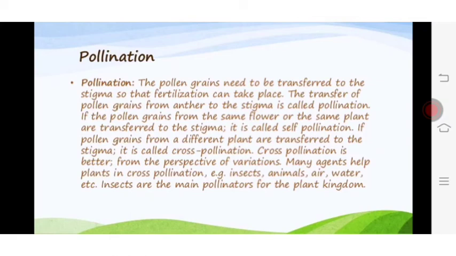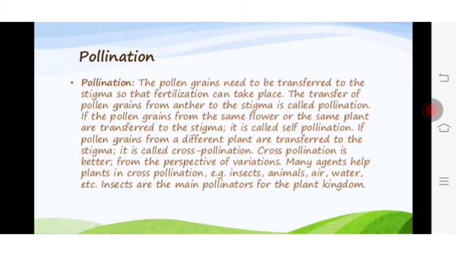So what is pollination? The pollen grains need to be transferred to the stigma so that fertilization can take place. The transfer of pollen grains from anther to stigma is called pollination. If the pollen grains from the same flower or the same plant are transferred to the stigma, it is called self-pollination.